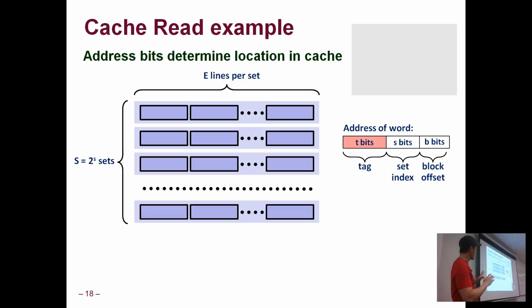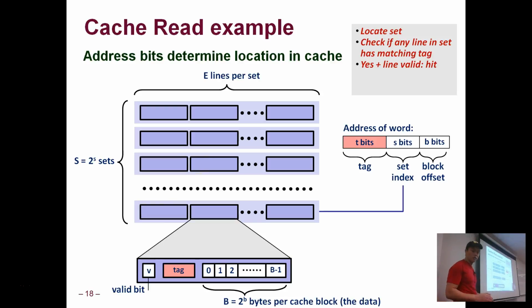So given an address, this is the way a cache is addressed to find the data associated with this address. The first thing that happens is that you locate the set that this address belongs to, and you use these S bits as a set index to identify which of the 2 to the S sets your data belongs to.